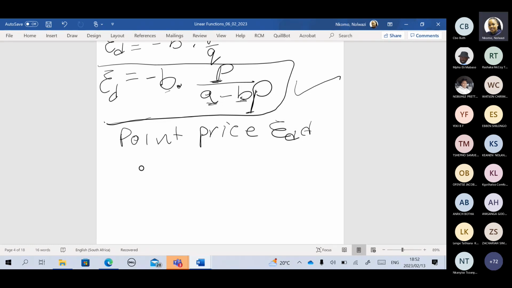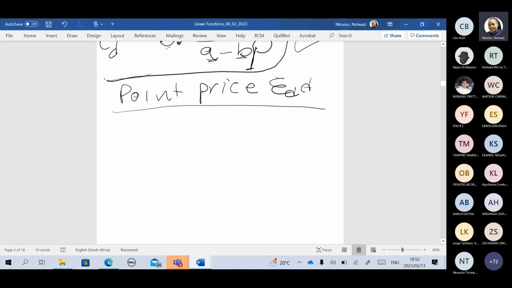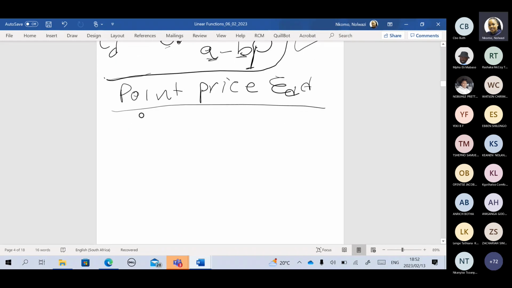For example, let's look at the general demand equation, which is Q is equal to A minus BP.